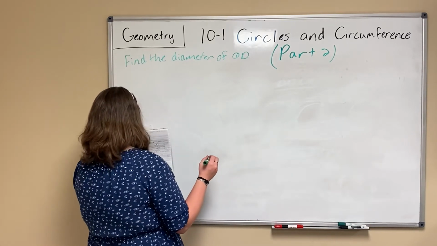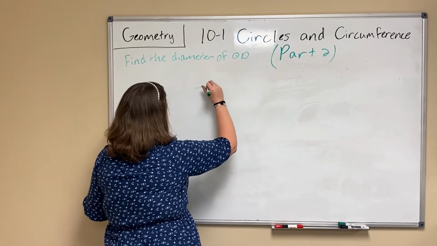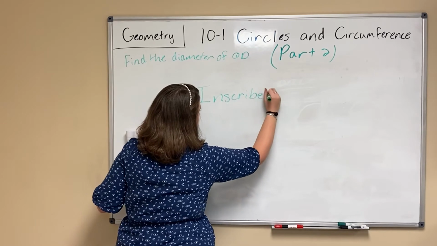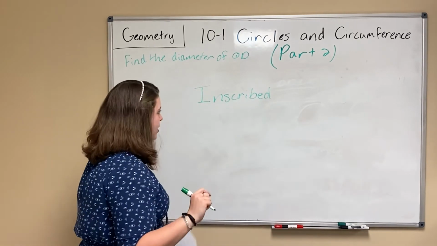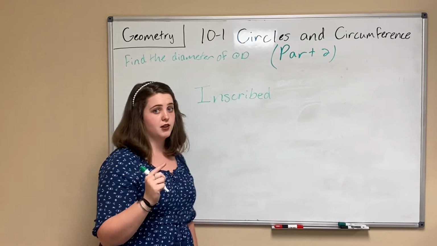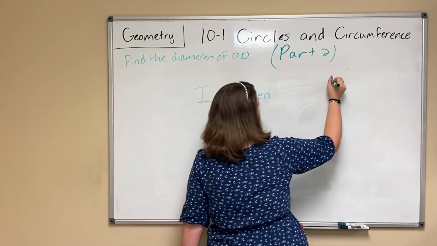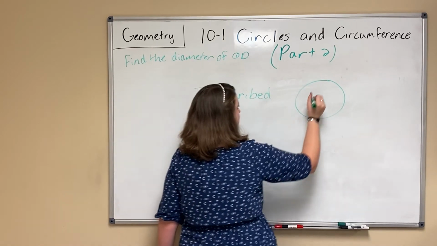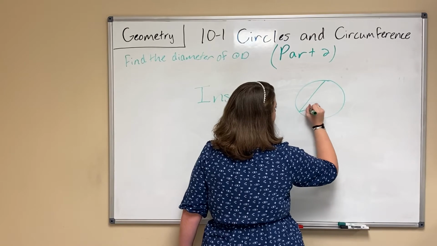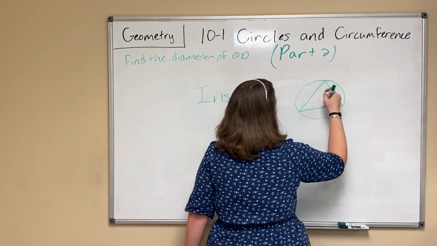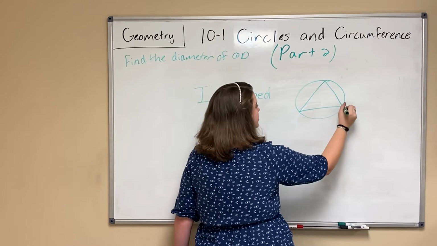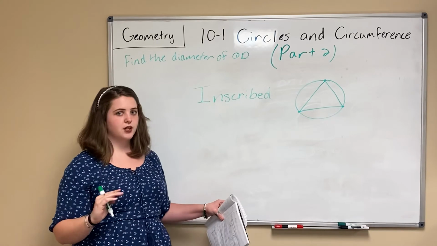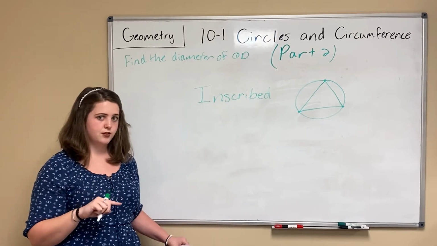So if I told you that something is inscribed in a circle, what I'm telling you is that that shape has been drawn inside of a circle. If I inscribe a triangle into this circle, I'm going to put it inside the circle with its vertices touching the circle. That is a triangle inscribed into a circle.